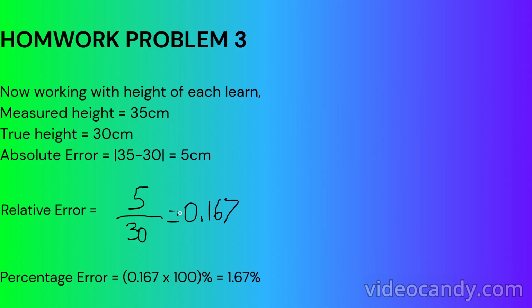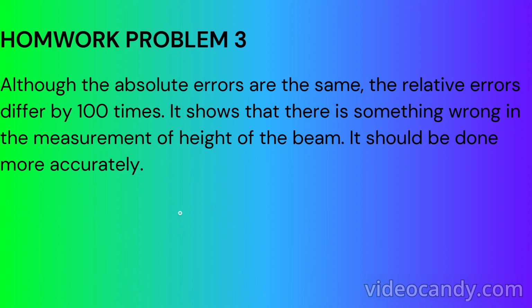So the absolute error is 35 minus 30 equal to 5 centimeter. The relative error is 5 per 30 equal to 0.167 and the percentage error equal to 0.167 times 100 percentage, so the answer is 16.7% in the percentage error.